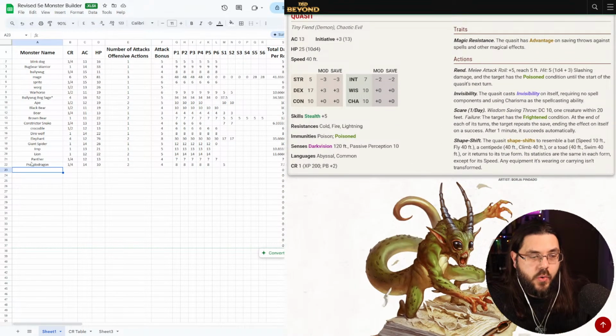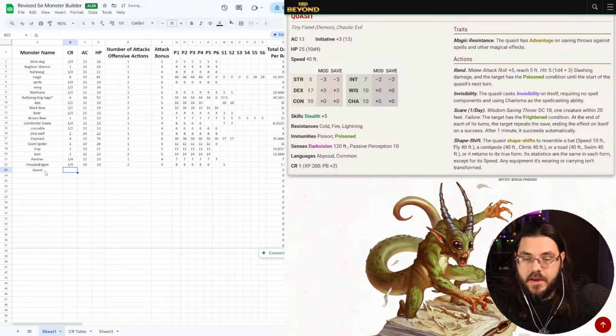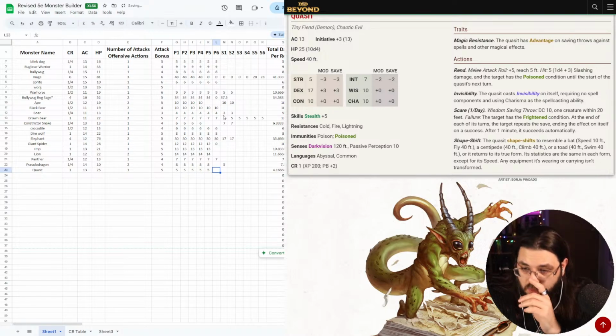Then we get the Quasit. That is CR1. It's 13, 25. Number of offensive attacks is only 1. It gets advantage on magic. It only does 5 damage though. It gets once a day scare, so it will use that once instead of its attacks.